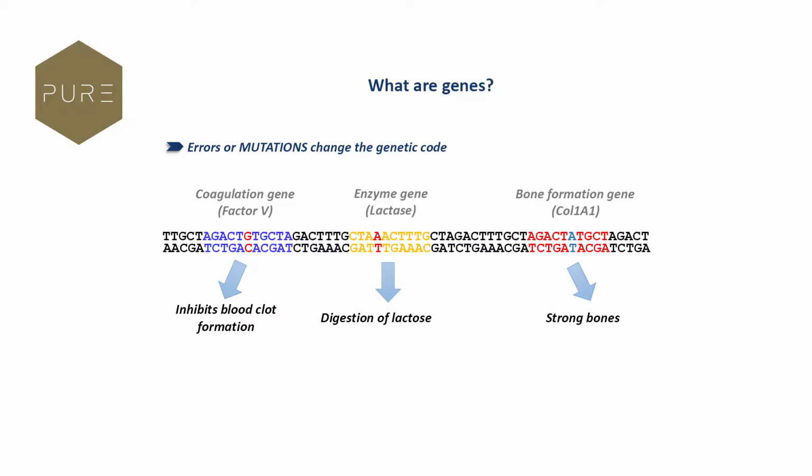And now let's introduce a mutation into each of those. So here you see the letter change. In the coagulation gene, if this happens, this genetic variation, the instruction is disrupted. The gene no longer inhibits blood clot formation, and it can lead to thrombosis. So a blood clot forms and blocks up the blood supply to one part of the body.